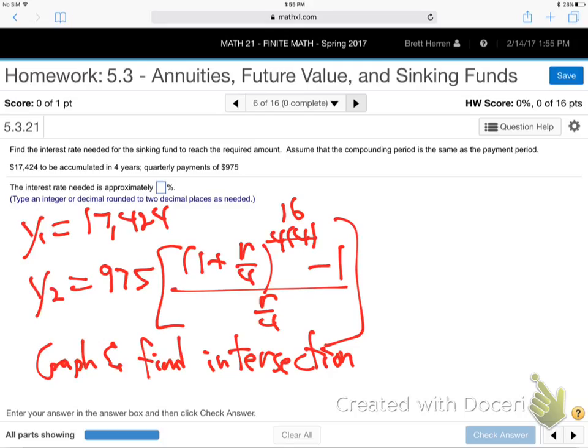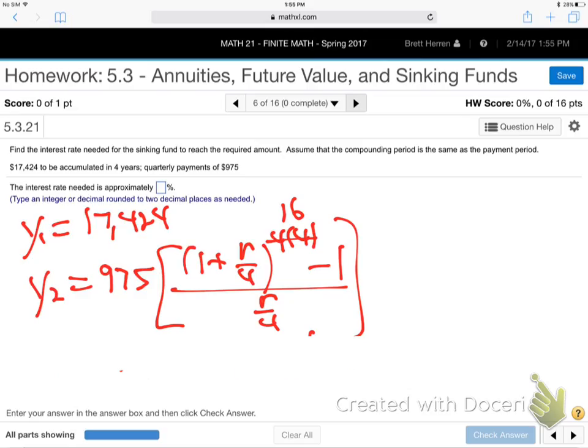So let's do that. Go to your y screen and type in your y1 and y2. You're going to have to be careful, because you have to type it all in. You have to put all those parentheses in. Remember, guys, whenever there's more than one item in a zone, it has to be parenthesized.